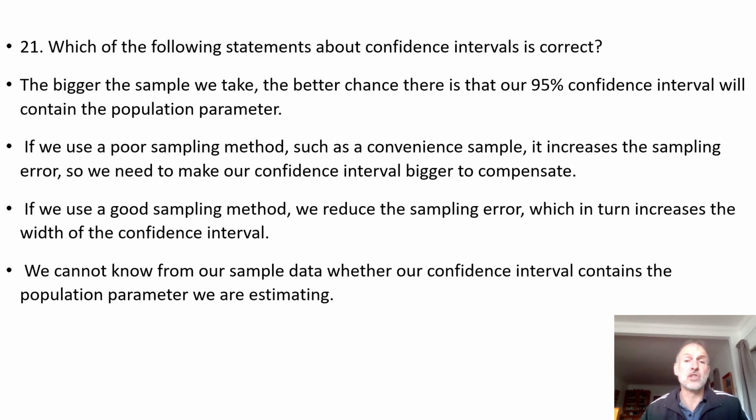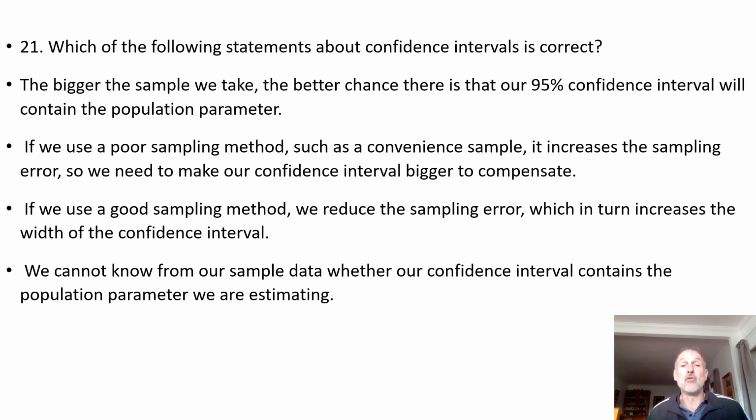Which of the following statements about confidence intervals is correct? The bigger the sample we take, the better chance there is that our 95% confidence interval will contain the population parameter. If we use a poor sampling method, such as a convenience sample, it increases the sampling error, so we need to make our confidence interval bigger to compensate.